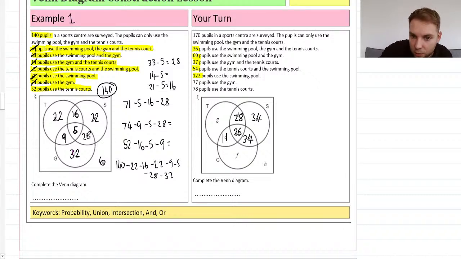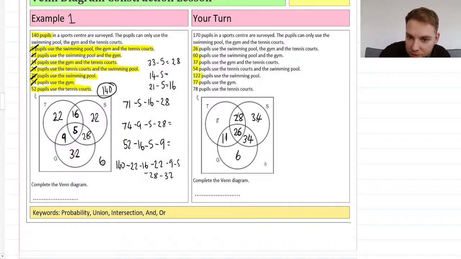Then I need to do the gym, which is going to be this section, this section, this section, and this section. So I need to do 77, take away 11, take away 26, and take away 34. So let's do that. 77 minus 11 minus 26 minus 34. So outside there is equal to 6.